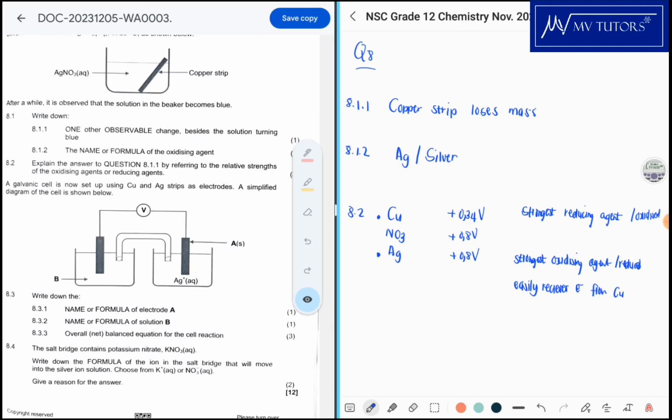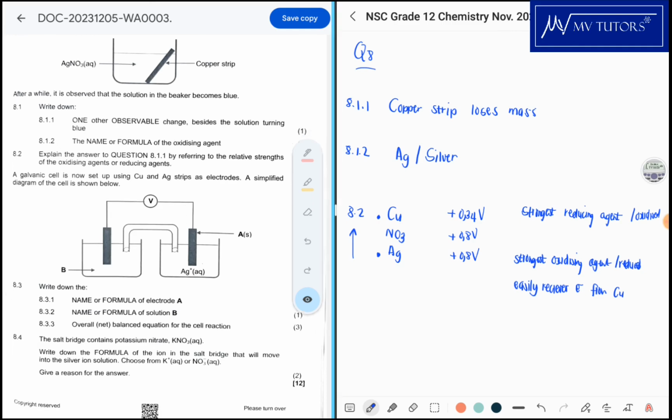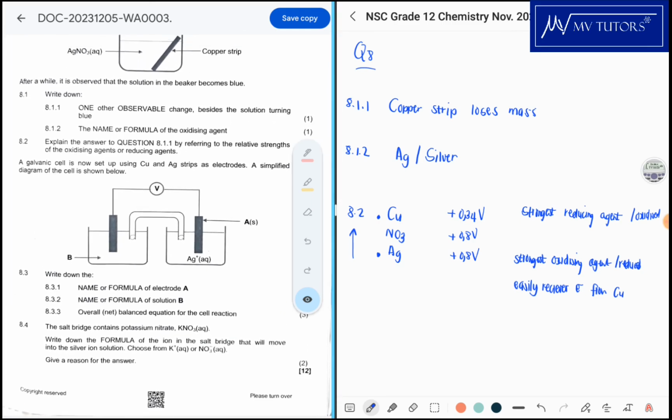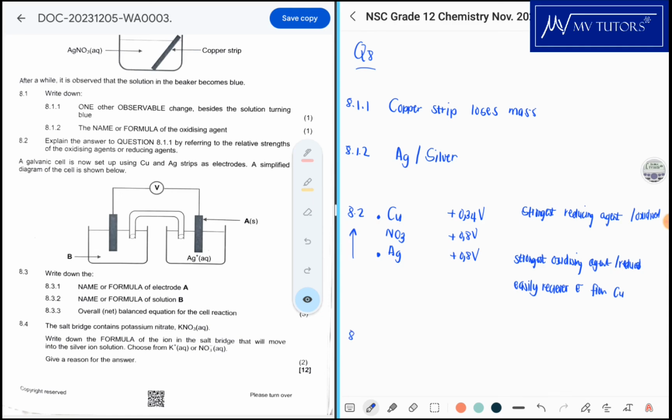And we know that in table 4B, as you go up, it increases in reducing agents. So we know copper is the strongest reducing agent, silver is the strongest oxidizing agent. The copper, we're expecting it to be oxidized, the silver to be reduced. Why? Because it easily receives electrons from copper. I don't know what else to include, but we can tell that story. True story. Okay, so now 8.3.